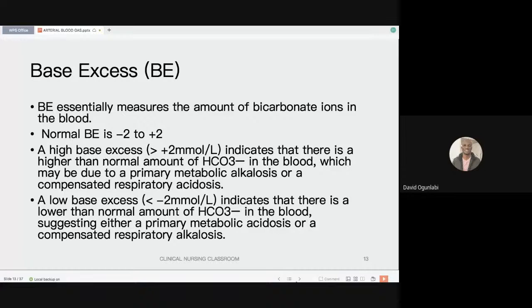Now let's talk about compensation. Compensation is a process by which the body adjusts and mobilizes other buffers to keep the pH within normal range.